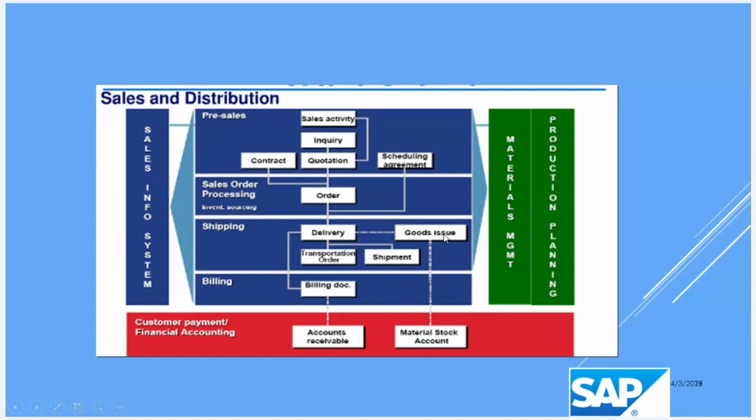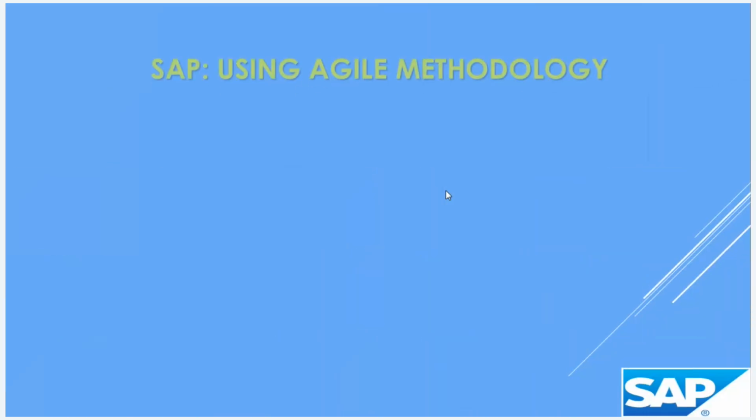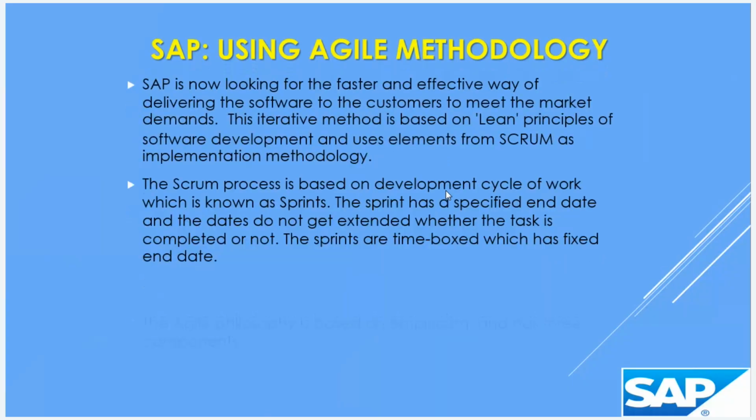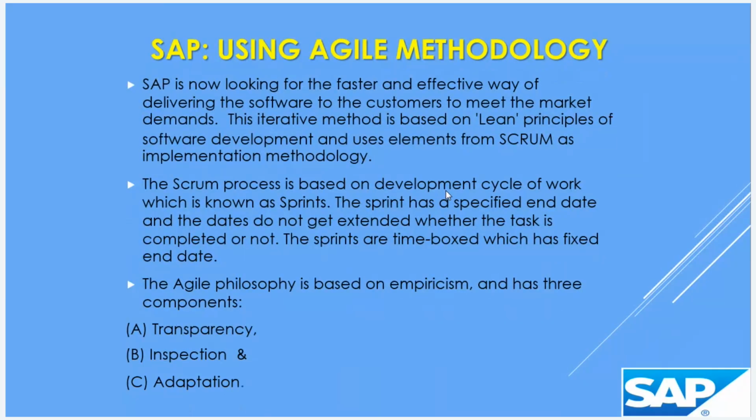There are three steps: goods issue, like picking, packing, PGI, and then shipment. That is what the shipping process is all about. And then finally the billing document. This is a pretty simple sales process. Of course, there are many other things we need to learn when we learn about SAP. The agile and all those things we are not discussing as of now.